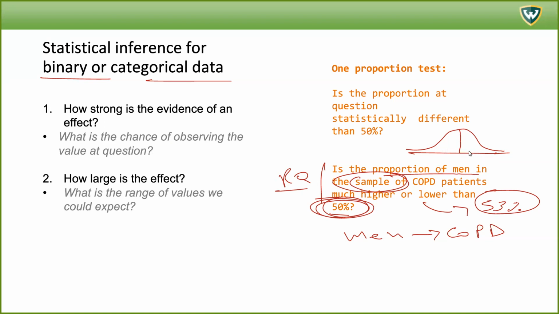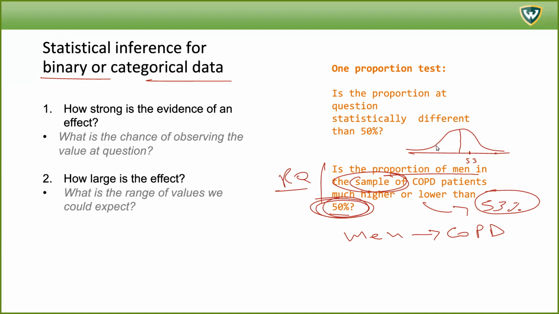How far away is 53 from the mean? We ask that because if it's much farther away, it's much less likely to be the case. That is to be expected. So 53% is probably very close to the mean.